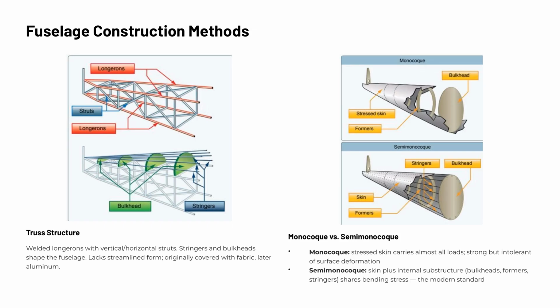In this method, the skin still carries a substantial portion of the load, but an internal substructure, made up of bulkheads, formers, and stringers, shares the bending stress. This redundancy means the structure can tolerate localized damage without catastrophic failure, making it far more practical and airworthy for real-world operations.